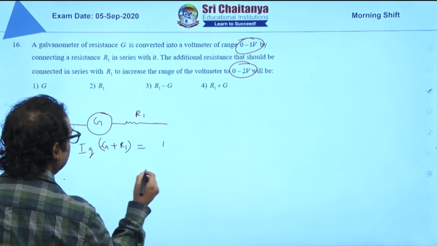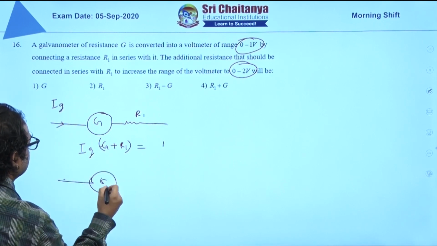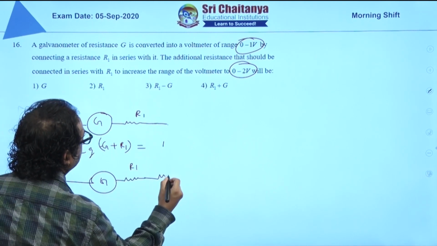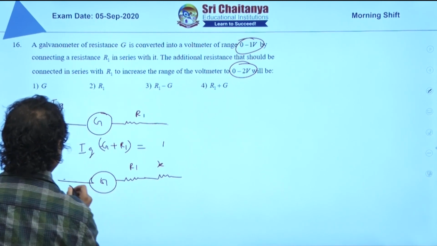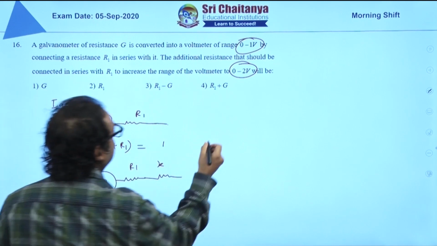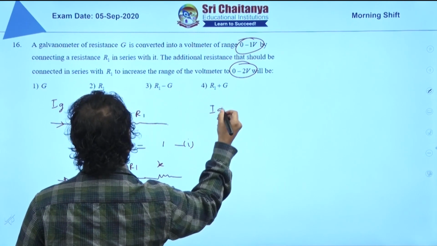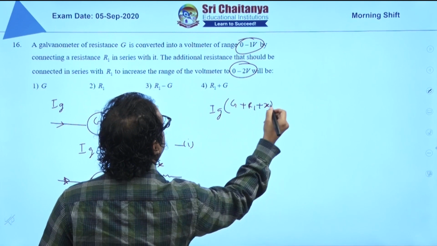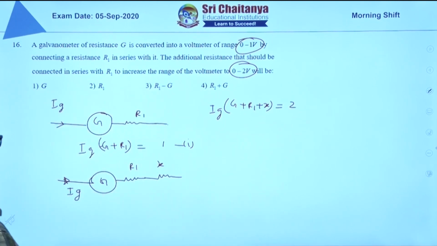So, now what are we doing? We are putting additional resistance. This is R1 and additionally we are putting, let us say, some X, but the current remains the same. This is your Ig. So, this is your equation 1. So, Ig into (G plus R1 plus X) is equal to 2 volt. So, just divide the equations now.